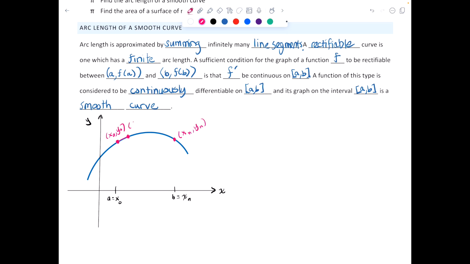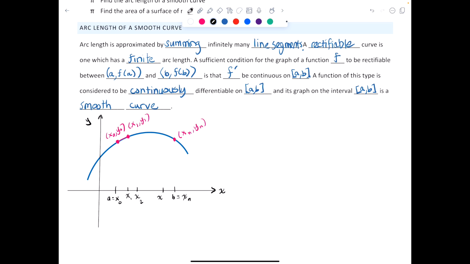Say this is (x1, y1), and you'd have to imagine that this is magnified, and you would just keep going.